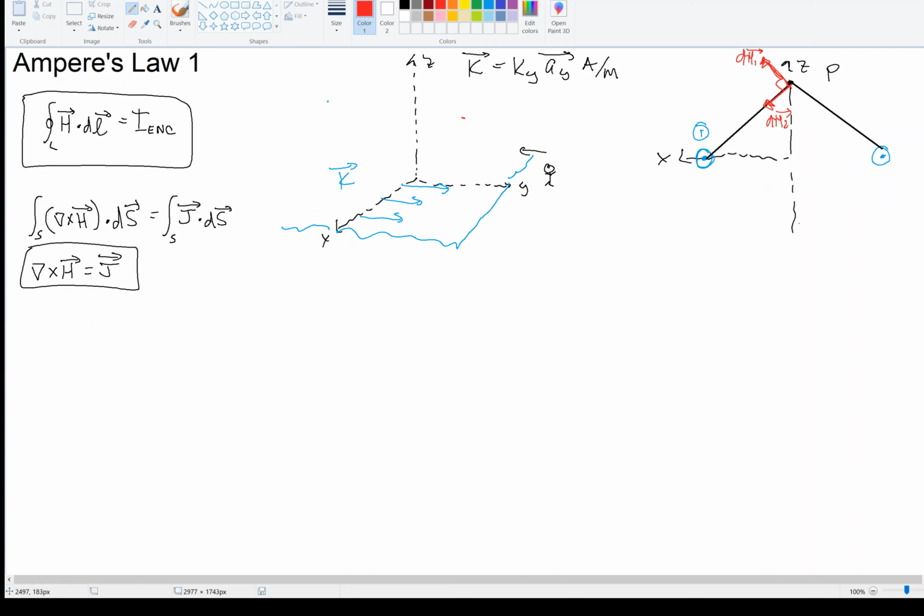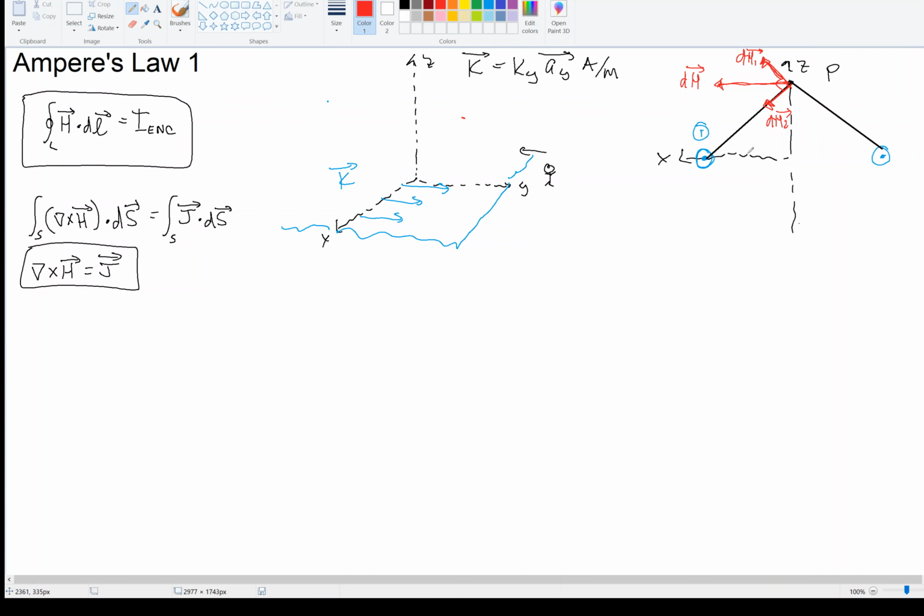All of this is to say that you'll notice the component in the z direction cancels, and we only have a component in the x direction, dH. And you say, well, you've only considered two little pieces.